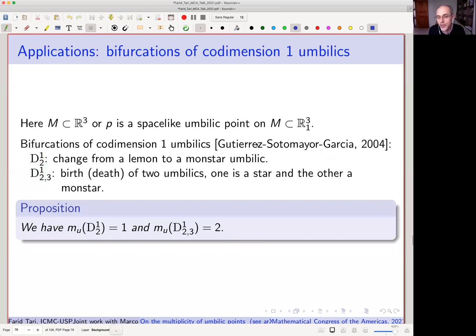And in fact, going to the work of Gutierrez, Sotomayor, and Garcia, getting the simplified form of the equation of the lines of principal curvature, and just calculating the ideals, the codimension of those ideals, we find that the multiplicity of D12 and D13 is exactly 1 and 2, which is confirmed by the bifurcations in this paper.